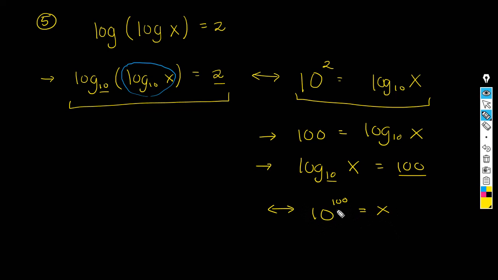Of course, don't even try raising 10 to the 100, okay? That's a lot of zeros. But this is enough. This is a perfectly fine answer. X equals 10 raised to the 100. Actually, it's practically impossible to write it. No, it's not that large. You can actually write this number. I just don't recommend it.